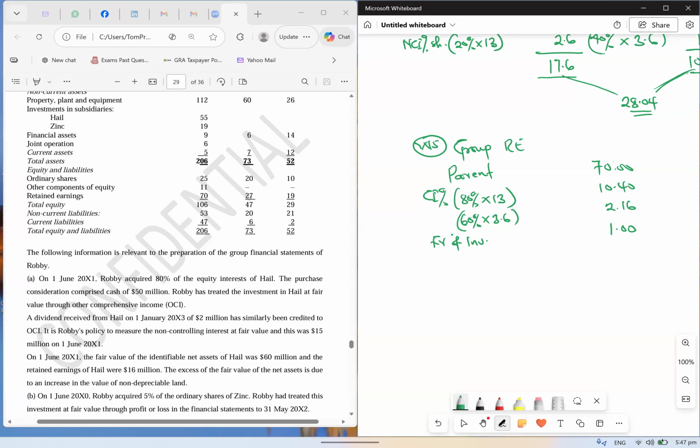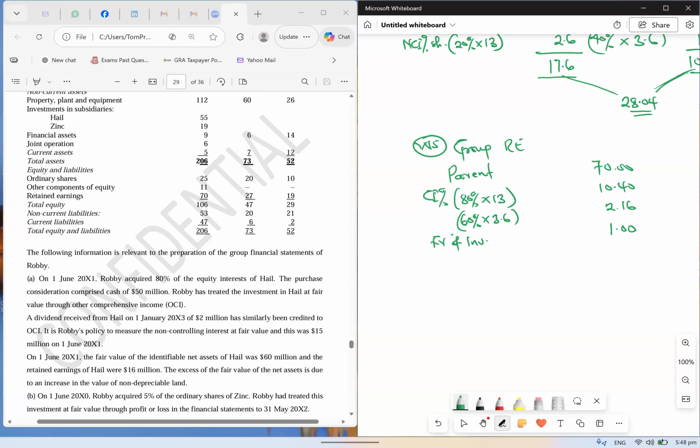The idea here is that you have increased something that you shouldn't have increased. The first one was through OCI, so you've dealt with it over there. Then here too you deal with it, fair value gain through P&L.